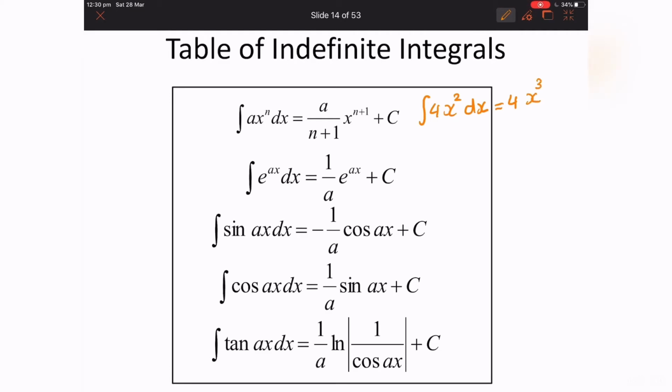We add 1 to the power, and then we divide by the new power, which is 3, plus c. Then we can simplify it, of course, but I'm just showing you what that means, and the rest we just went through already.